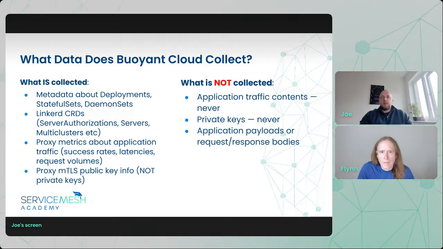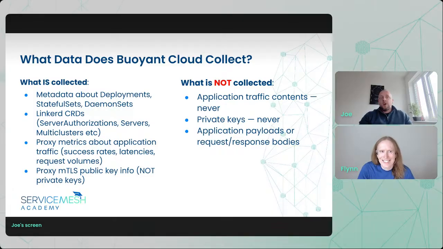I think the right-hand side of this slide is probably more important to most folks. It's like, okay, well, what's not being collected? Application traffic is never being captured, never being distributed, never being sent, never being stored, isn't being touched by the Buoyant Cloud agent or anything like that. Private keys, of course, are never captured.